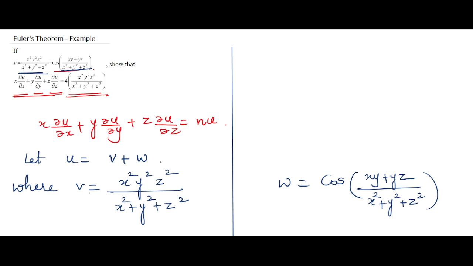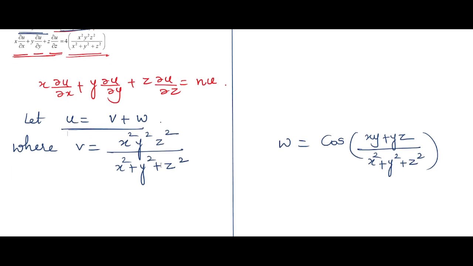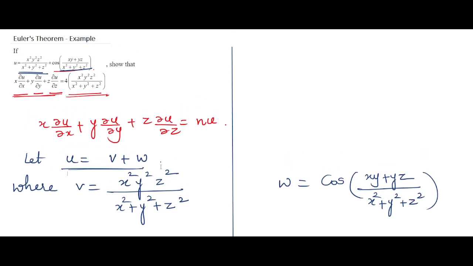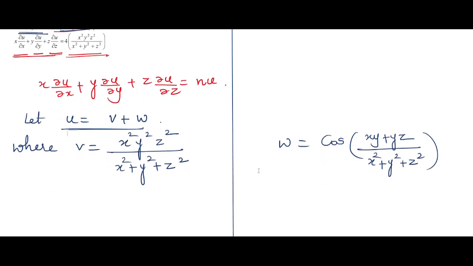So combinedly when we add v and w, we will get u. By splitting into two terms, now we are going to solve this example. First of all we have to check whether v is homogeneous or not, w is homogeneous or not, and after that separately we are going to apply Euler's theorem for this v and w.